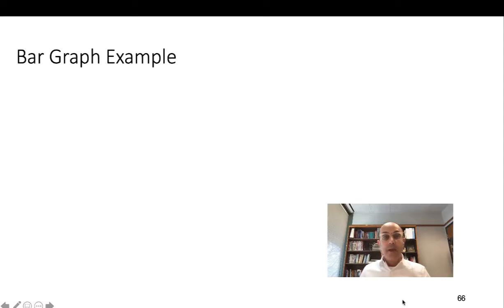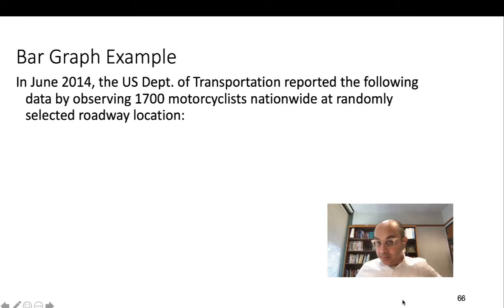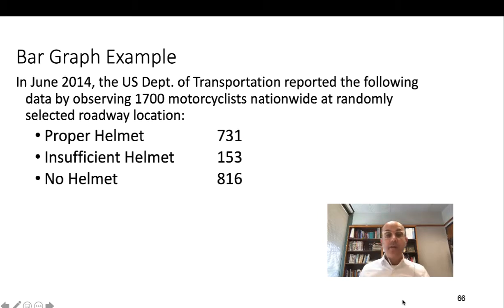So, for example, let's take the example that he provides in the textbook from 2014, the U.S. Department of Transportation report on the observation of 1,700 motorcycles nationwide at randomly selected road locations.